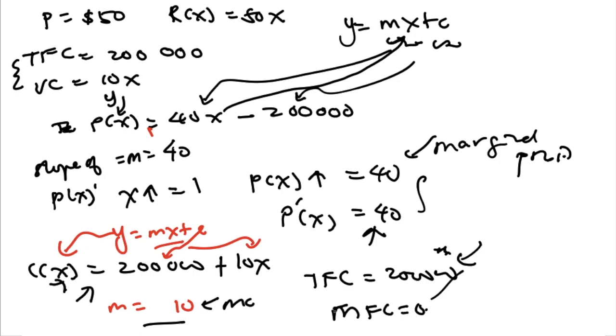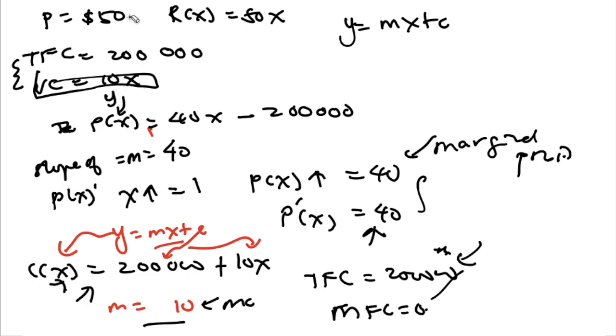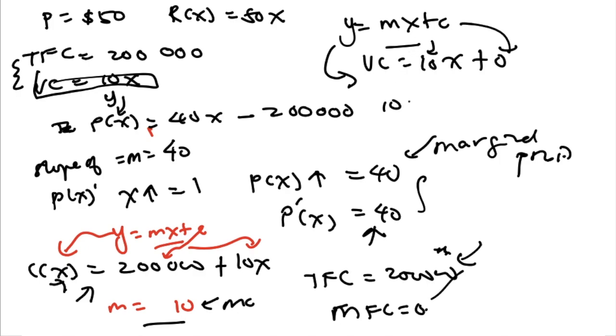Now we see here variable cost is 10x. If you have y equals mx plus c, then y in this case is variable cost, mx is 10x, but c here is 0. So your m here is 10. In economic study, because this is marginal, it is the marginal variable cost.